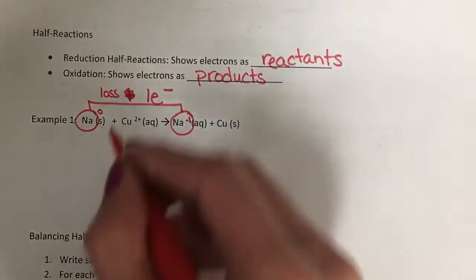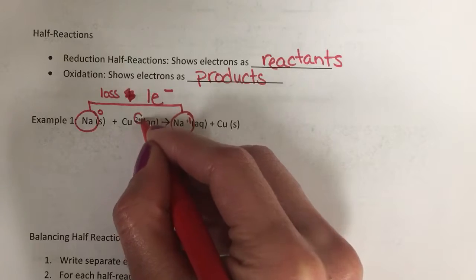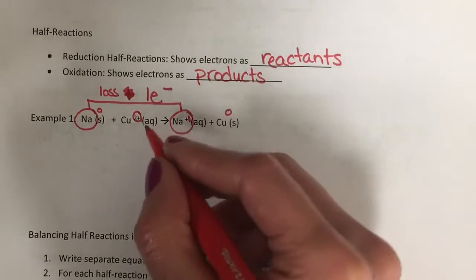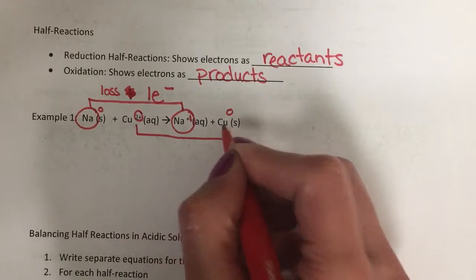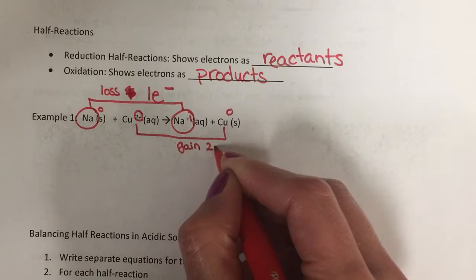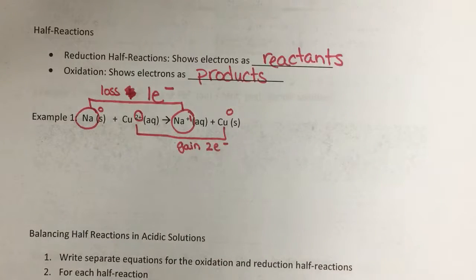Okay? Copper is going from a plus 2 to an element of 0. In order to go from a positive to neutral, it needs to gain 2 electrons.